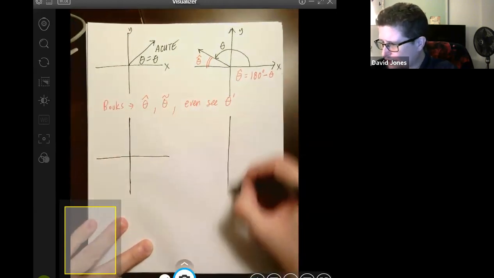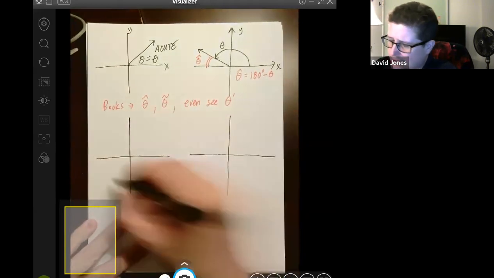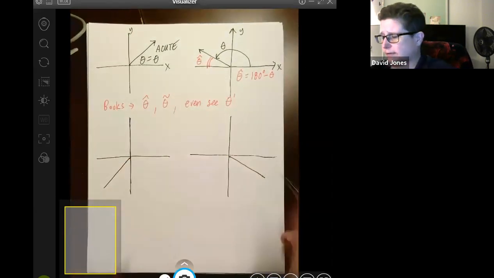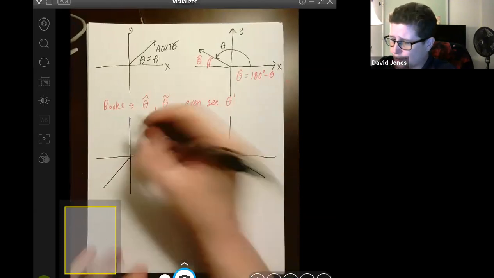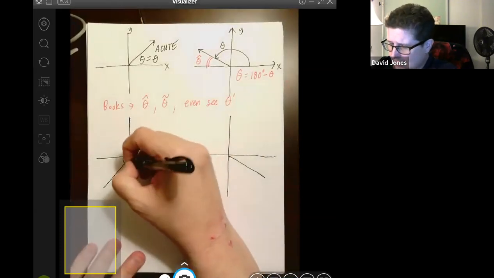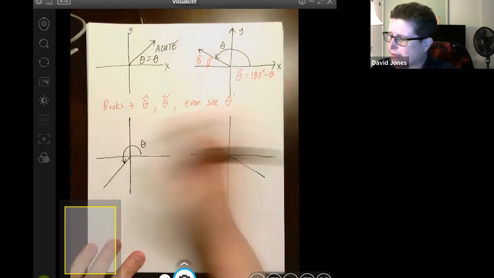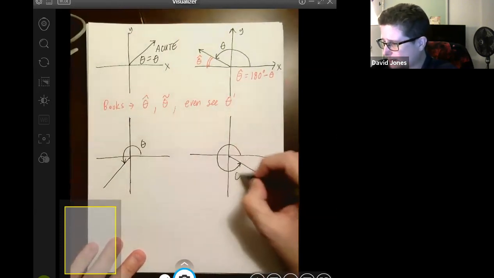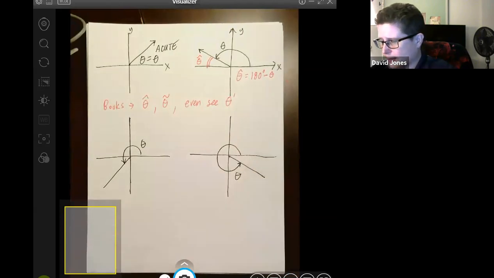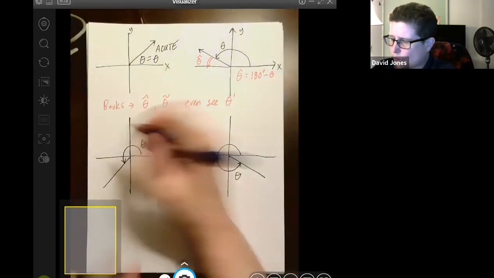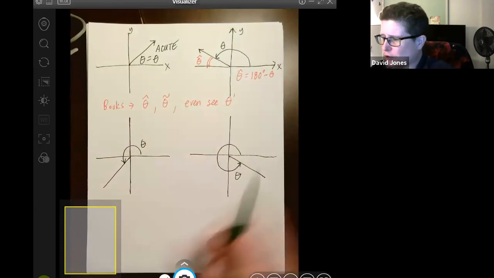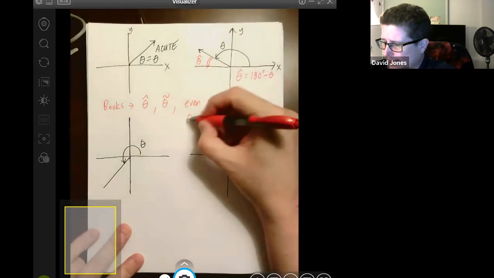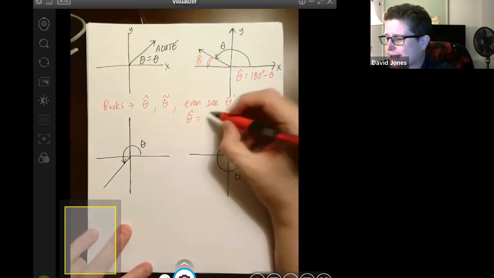Let's look at each of the other two quadrants, quadrant 3 and quadrant 4. So here is theta, and here is theta. We want these angles right here, this theta hat, or whichever one they use, theta tilde, theta prime.